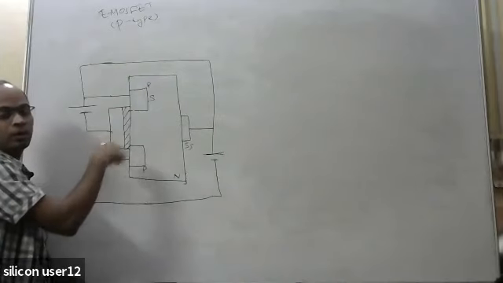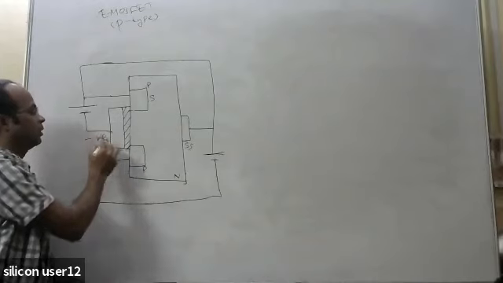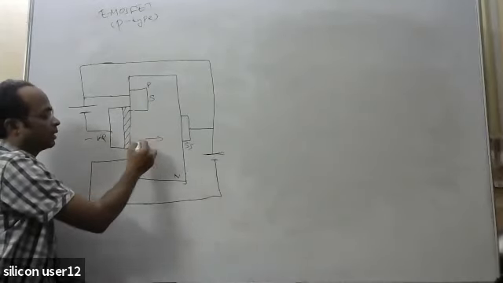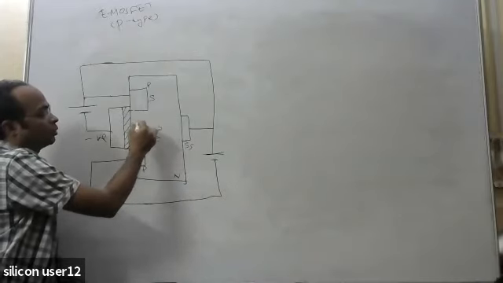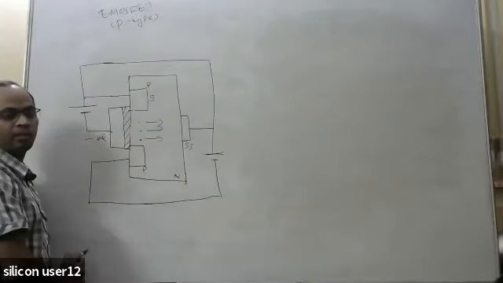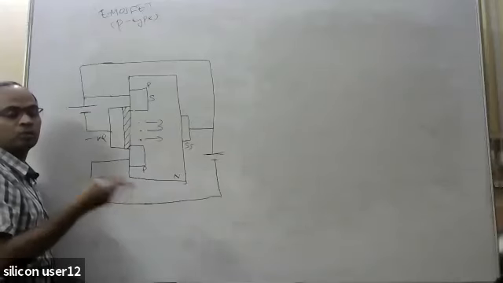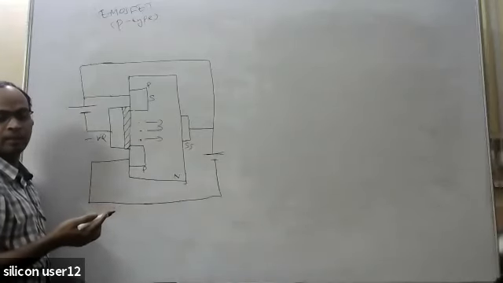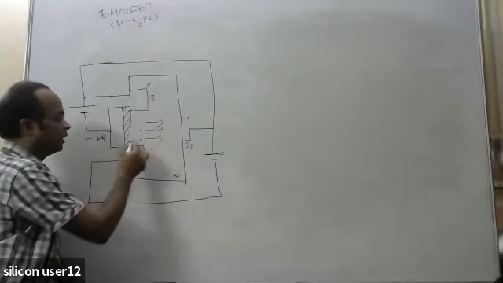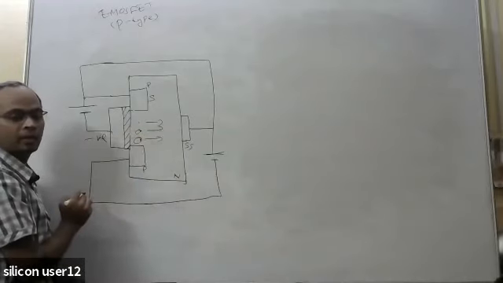Or in the other way you can also say, if this one is negative, it will push the electrons. So electrons are pushed away from here. If the electrons are pushed away, what will remain here? When an electron goes away, what does it leave behind? It leaves a hole. So when the electron shifts from here, a hole is created here, and similarly here also one hole will be created.